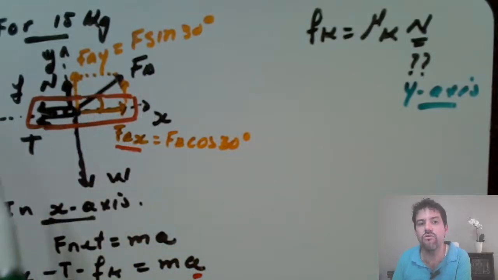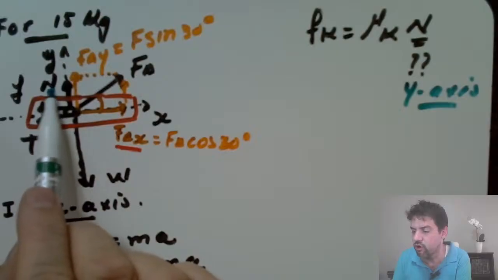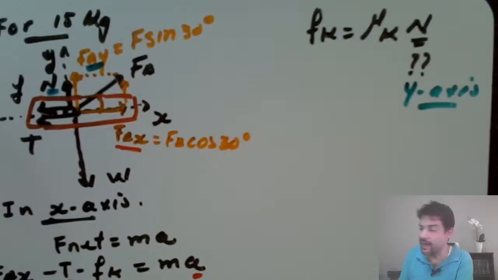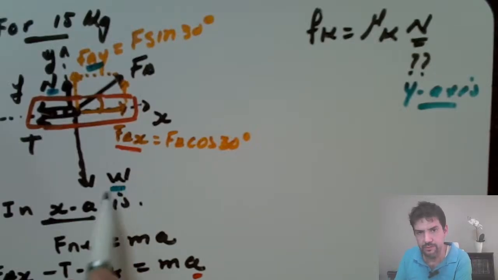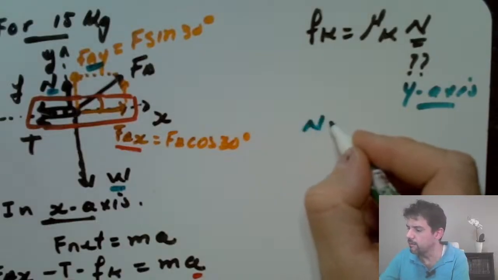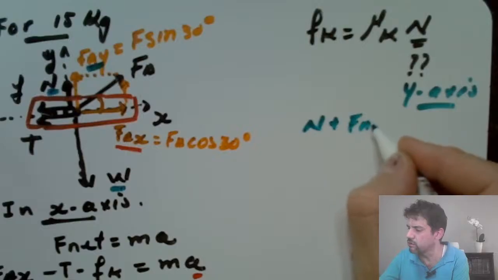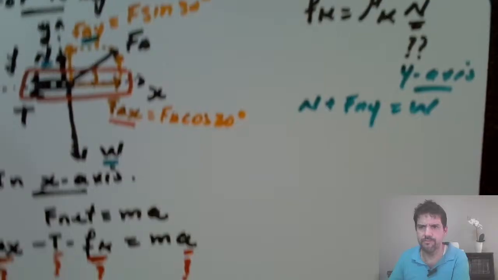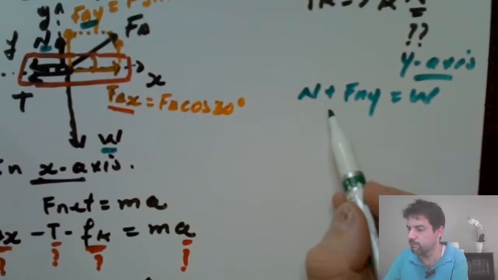What do I have on top on the y-axis? I have normal and I have the applied force in y. What is at the bottom? W. So in this case, normal plus applied force in y is equal to W. There we go. That is why you cannot memorize this one because it changes.